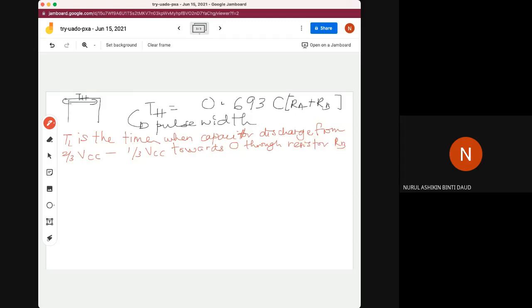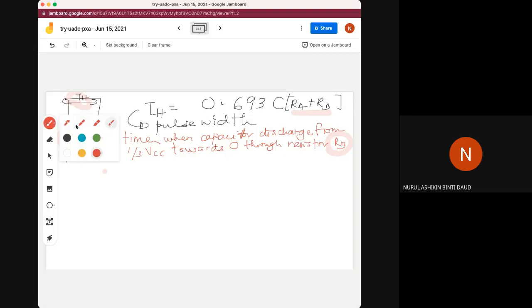For TL, be careful that it only goes through resistor RB at pin 7. It is different from TH just now, where TH is through resistors RA and RB.